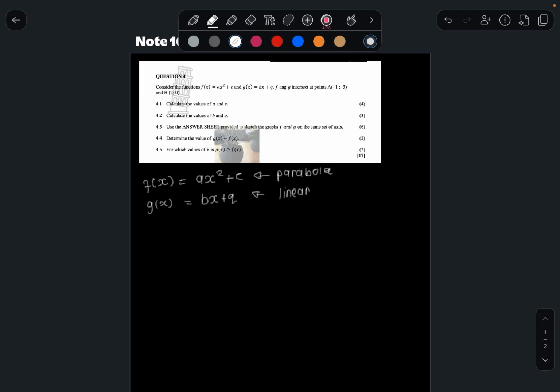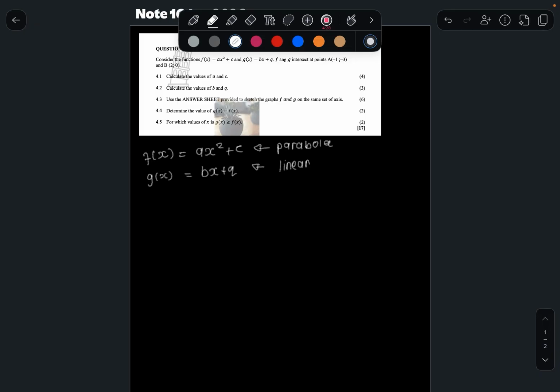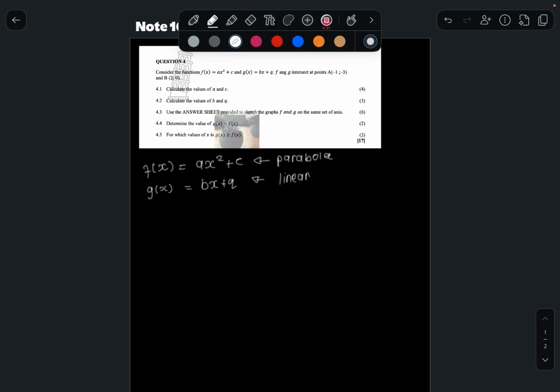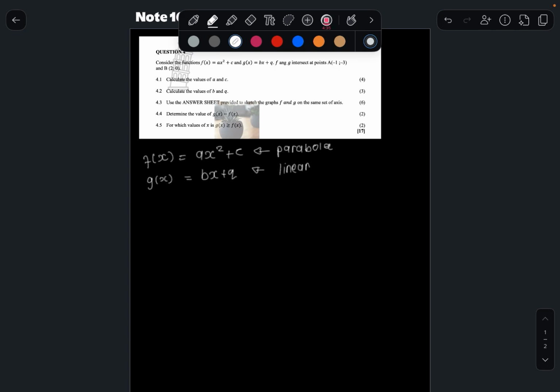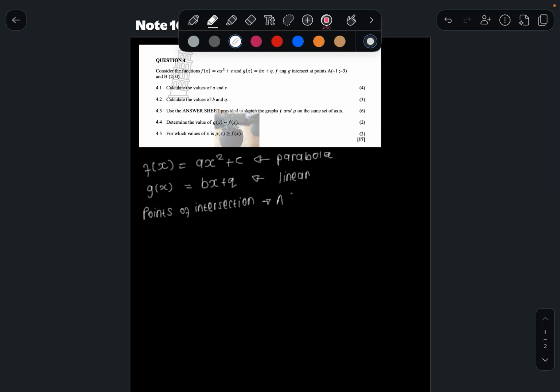Okay. Information: f and g intersect at A, right? What's the point A? Point of intersection. For both graphs, they give you A as (-1, -3).